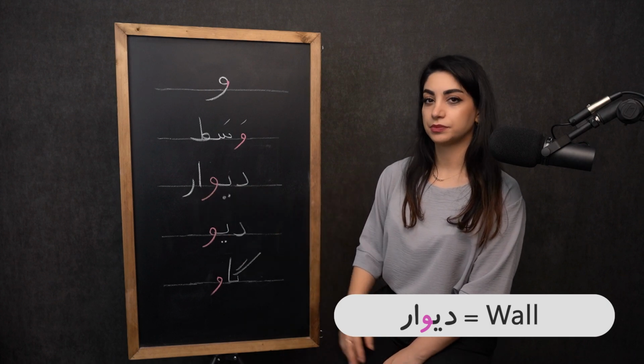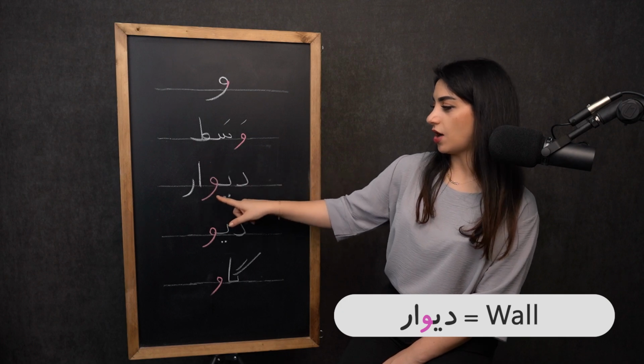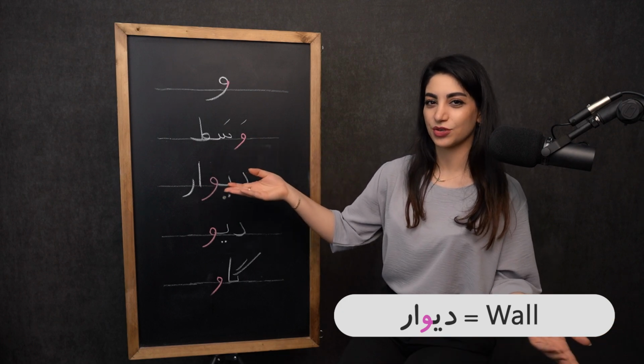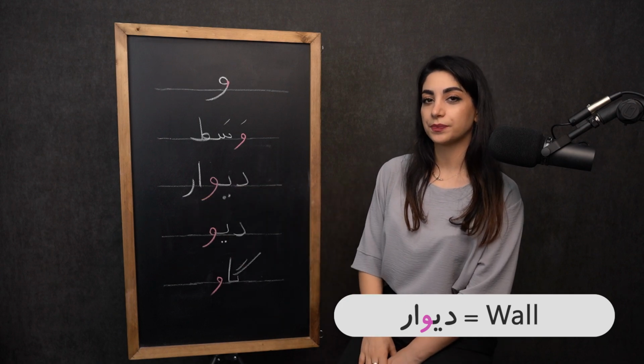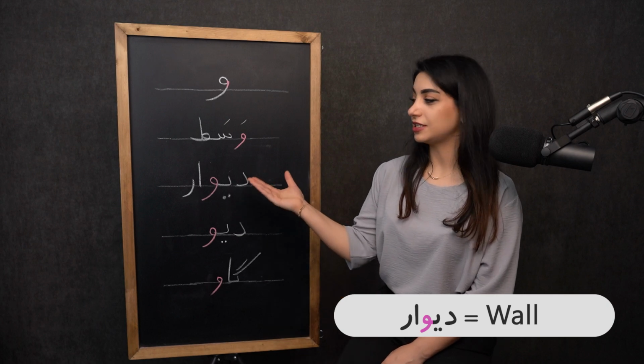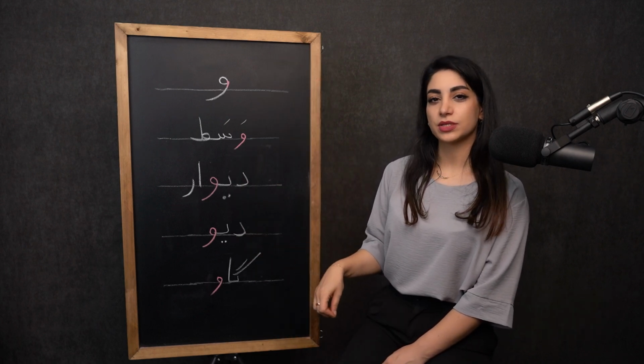See, it doesn't attach to A because V never attached from here. So A doesn't attach to it. دیوار is the same as wall in English. دیوار, wall.